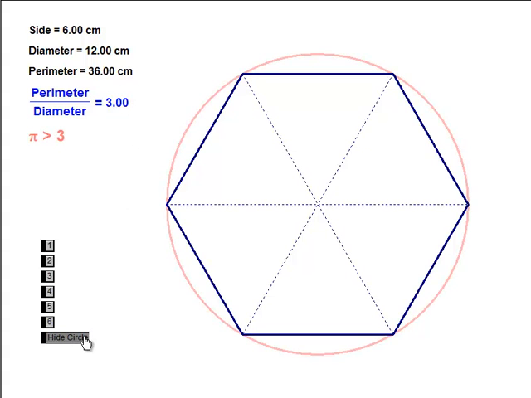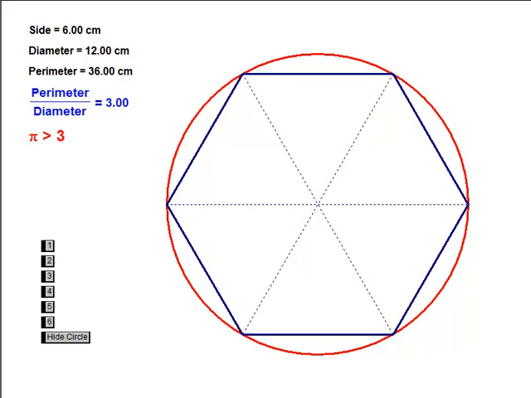Let's put a circle around a hexagon. Notice that the distance around a circle that has the same diameter as this distance across the hexagon has to be something greater than 3, because if you were to walk around the circle, you'd be going farther than if you walked around the straight segments that make up the hexagon.